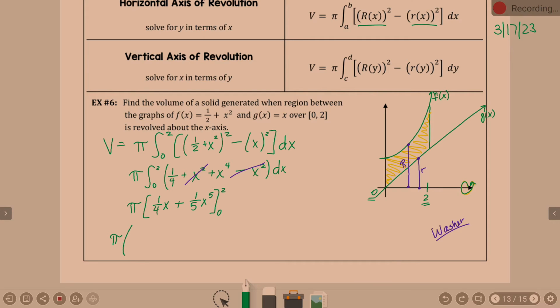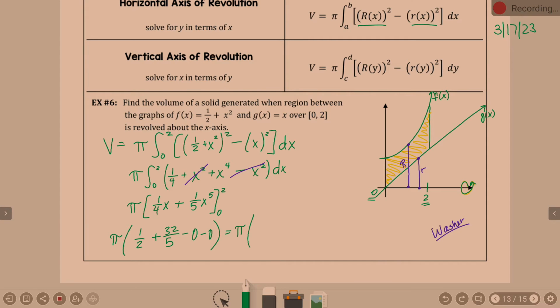Let's see, 1/4 times 2 is 2/4, 1/2, plus 2 to the 5th is 32, divided by 5. So 32/5. And then when you plug in 0, those would be zeros.